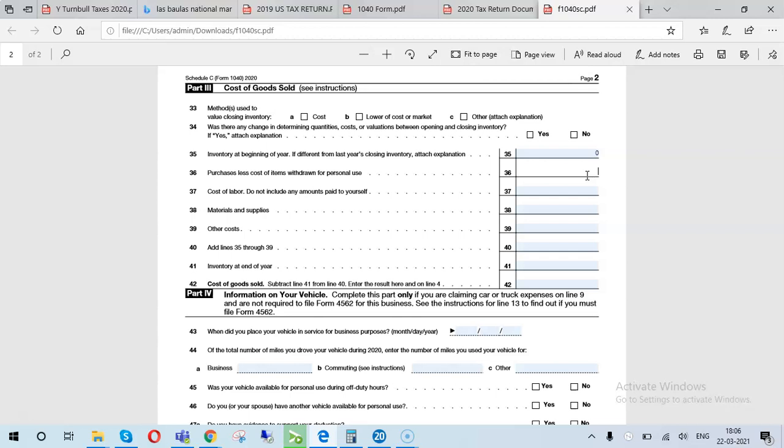You bought materials to make furniture for $6,000, and you engaged labor to prepare the furniture, and you have incurred $1,000 here.